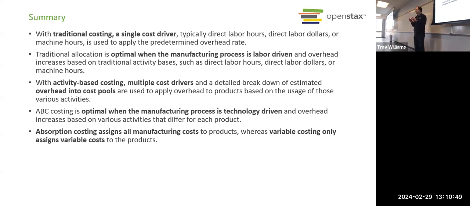Variable costing allows managers to see only how their variable costs impact their gross profit and separate it out from the fixed costs, right? So with variable costing, the fixed costs for manufacturing move further down the income statement. And that way it's easier to see the impact of the variable costs separate from the fixed costs, right?